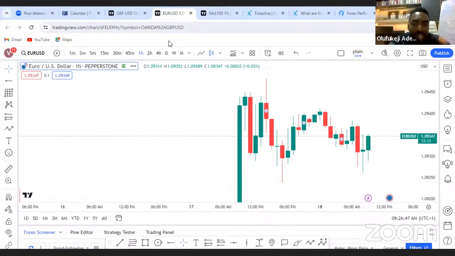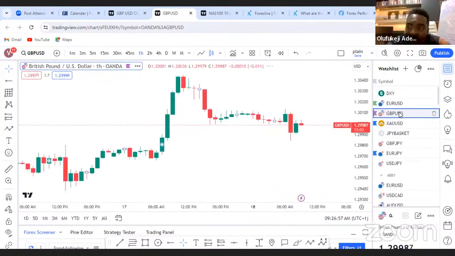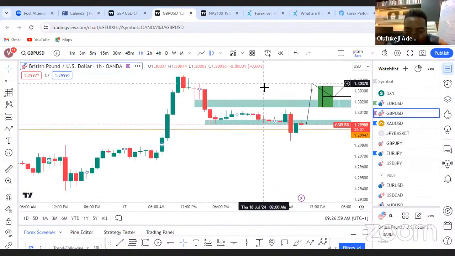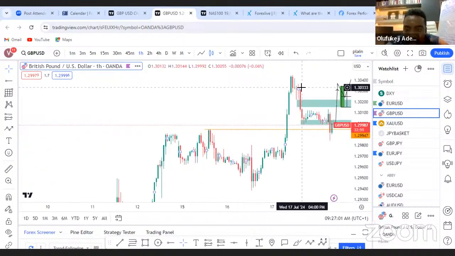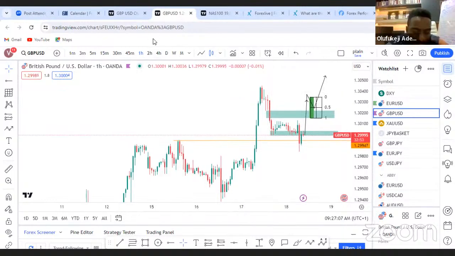That being said, I hope this has been helpful for someone. I still see GU coming to the downside. In fact, I'm in a sell at 1.3002 with a stop around 1.3024 levels.